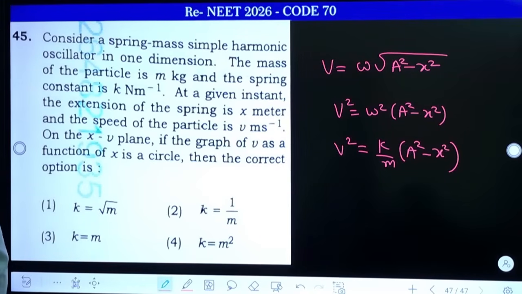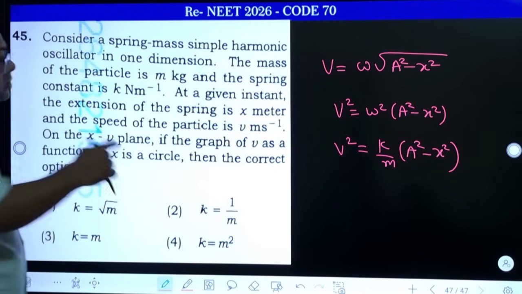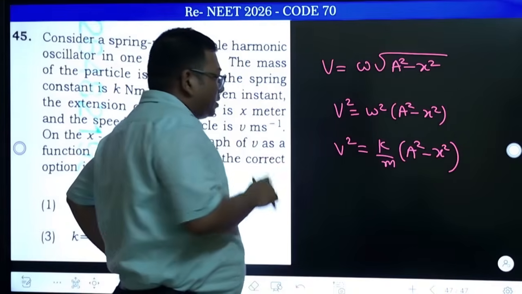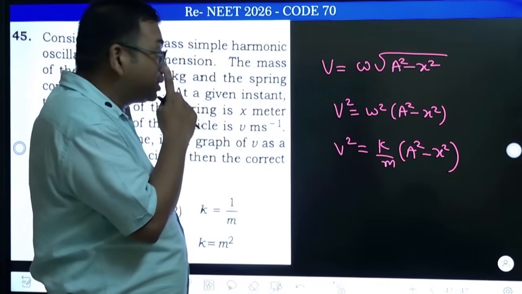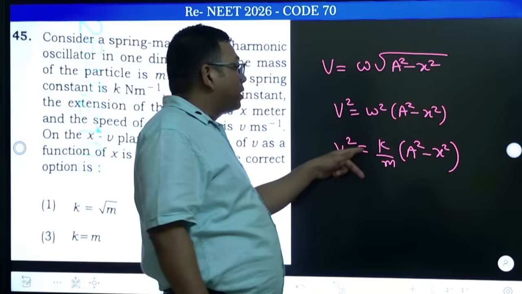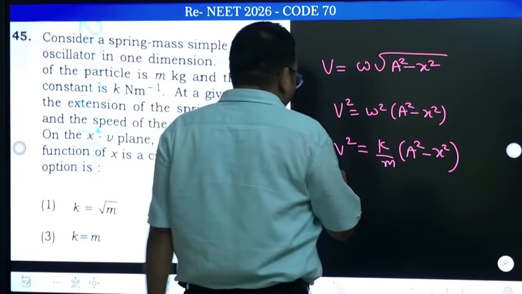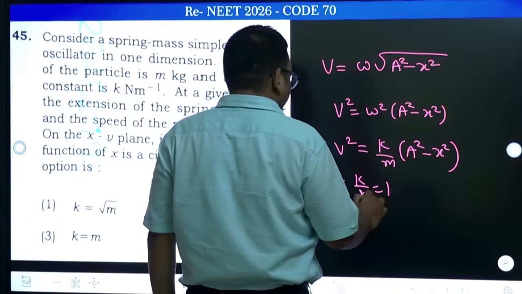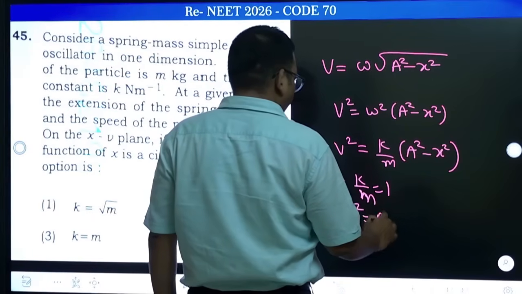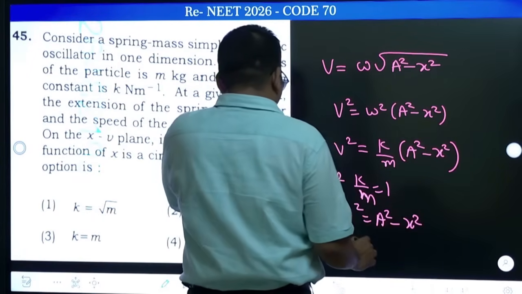If the graph of v as a function of x is a circle, then the correct equation. That equation is a circle only, no? Oh, this is not a circle. It will become an ellipse. This will become a circle when k by m is 1. If the ratio k by m is 1, then v square is equal to a square minus x square.